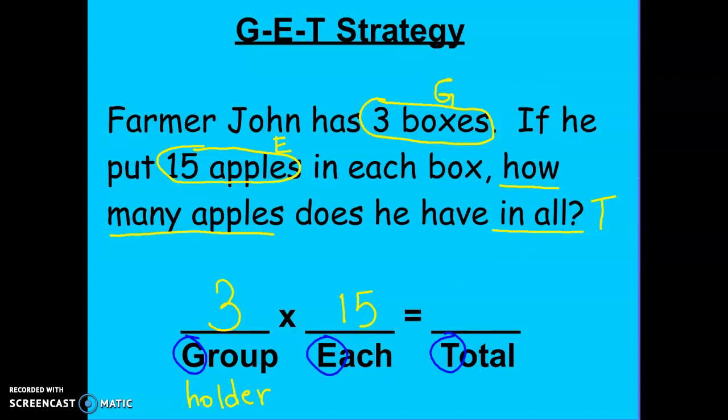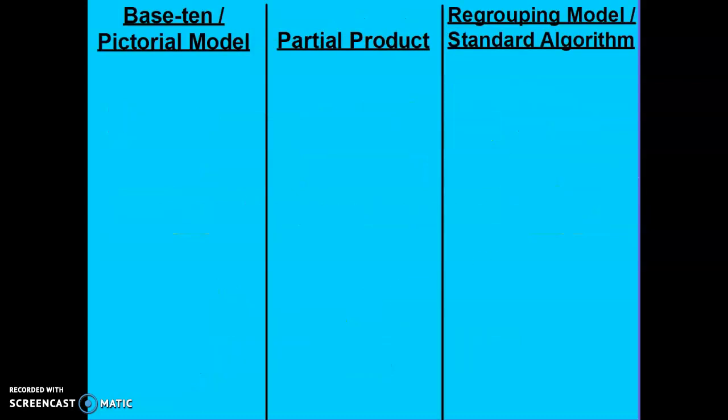Let's see how we can solve it using different methods of 2 digit times 1 digit numbers. So the problem is 15 times 3 or 3 times 15. For the base 10 or pictorial model, I'm going to draw 15 like this. 1, 2, 3, 4, 5.